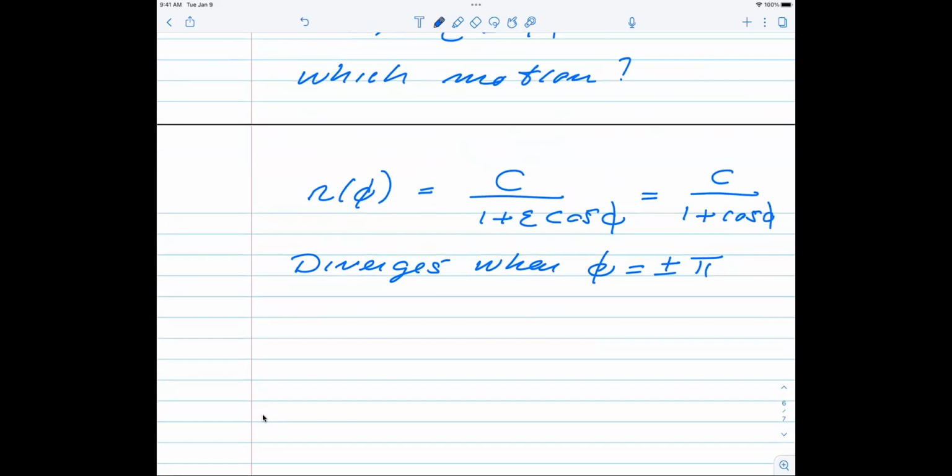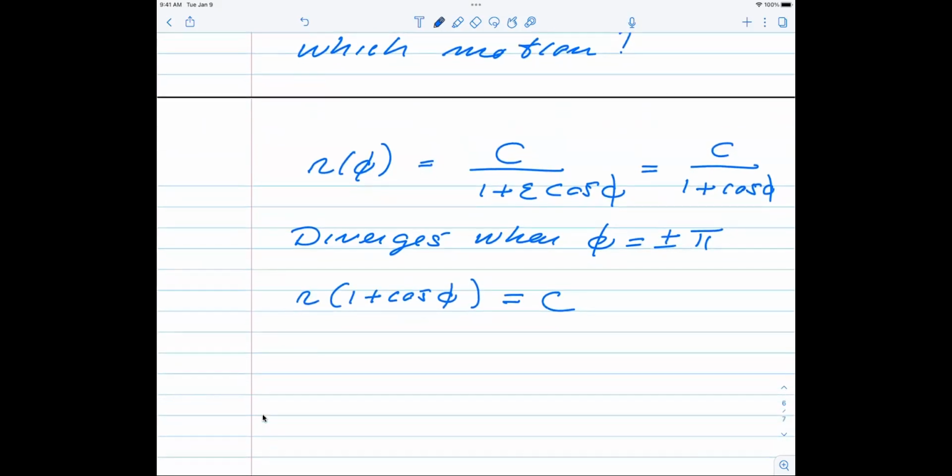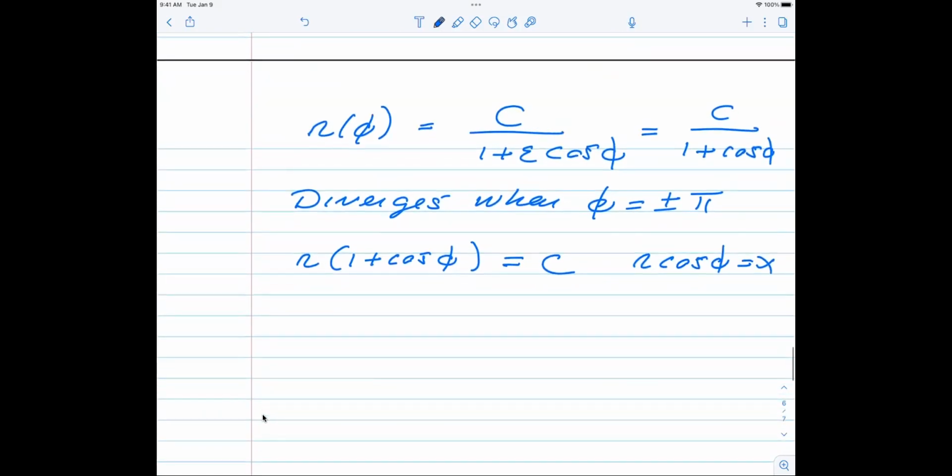So I'm multiplying the denominator, 1 plus cosine phi. So if we do that, we get r times 1 plus cosine phi, which is equal to this constant c. And then we remember that the r times cosine phi is the same as x. And then I just flip x to the other side. So I have c minus x.